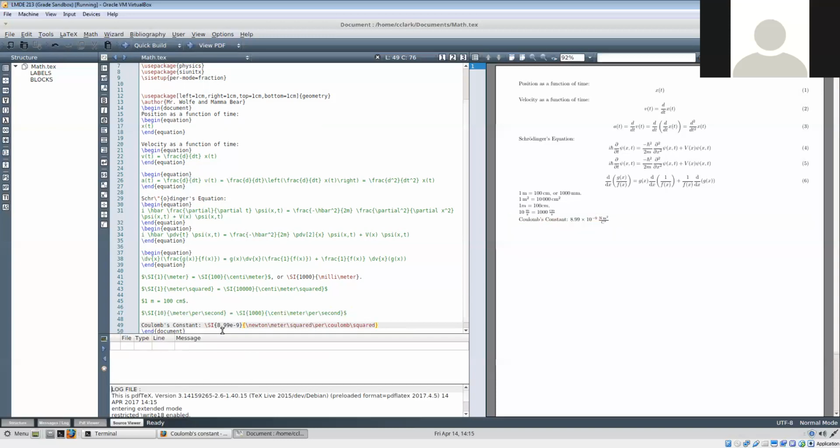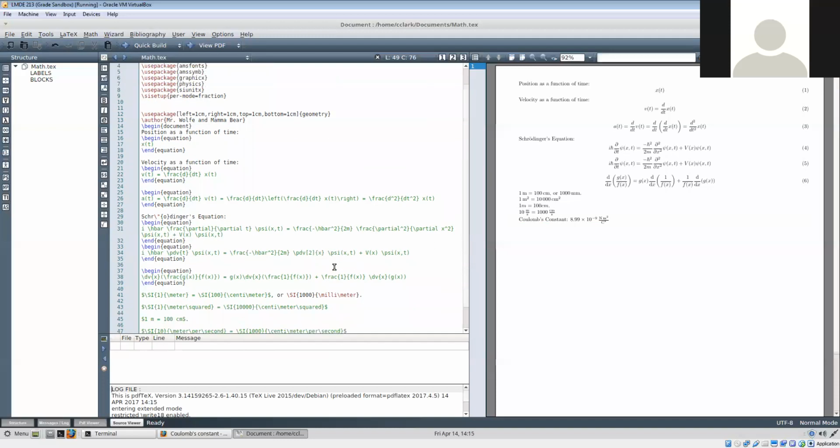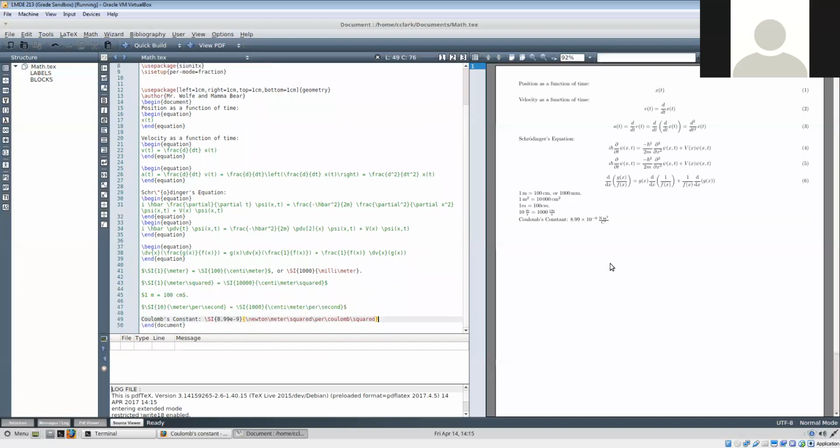I do the exponential notation, and then the siunitx package automatically puts in the times 10 to the -9 format. If I don't want that, there's an option to configure how scientific notation is displayed. Lowercase e, yep.